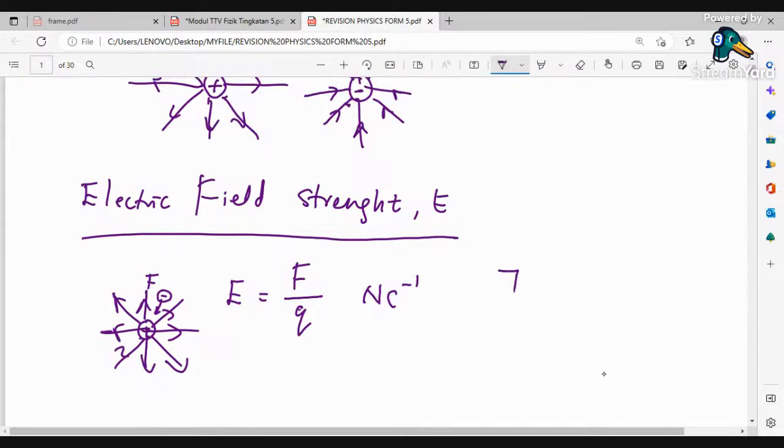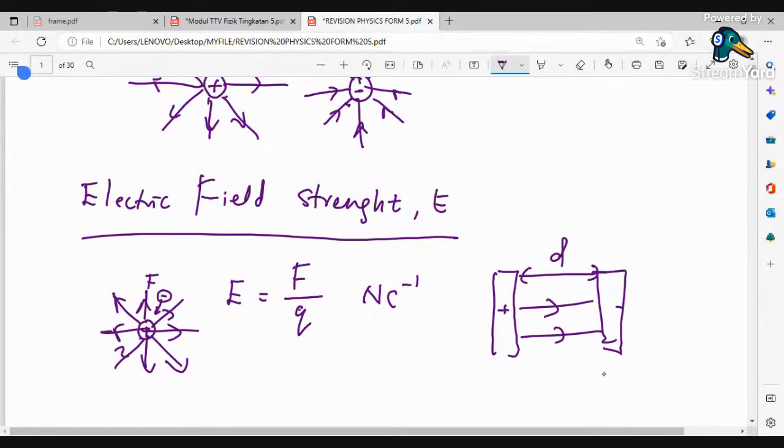We have another one. If we have two plates, positive and negative, okay, separation between the two plates is D. There are electric field between the two plates. So electric field strength equals to F divided by, sorry, not F. Ini kita tak guna F, kita guna V, voltage.